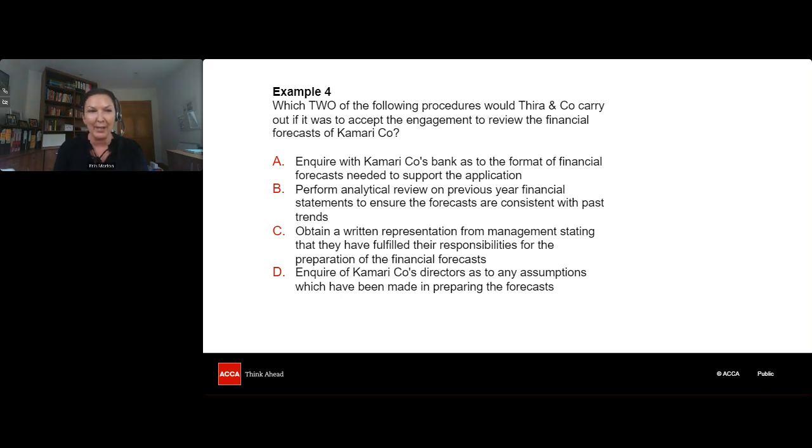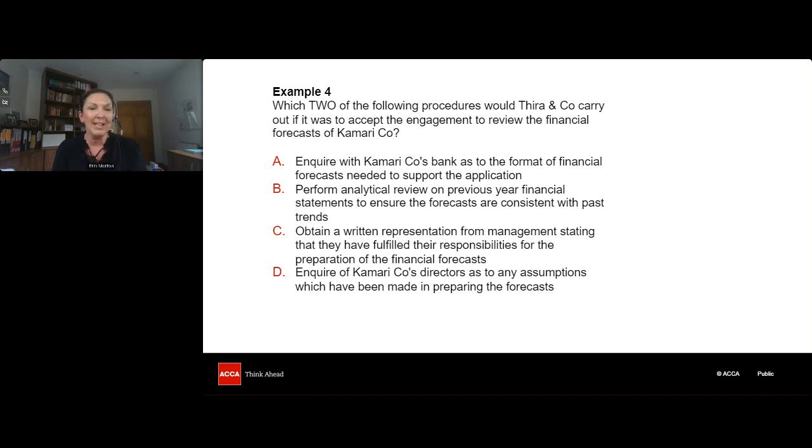they carry out? Would they inquire with the bank as to the format of the financial forecast needed to support the application? Would they perform analytical review on the previous financial year statements to ensure the forecasts are consistent with past trends? Would they obtain a written representation from management stating that they have fulfilled their responsibilities in the preparation of the financial forecasts?